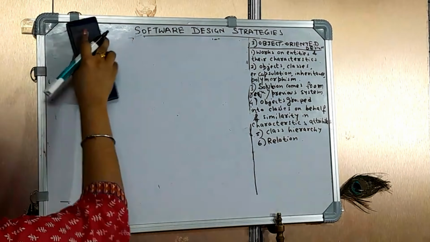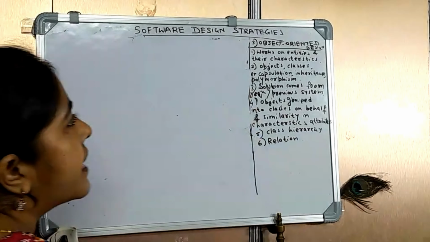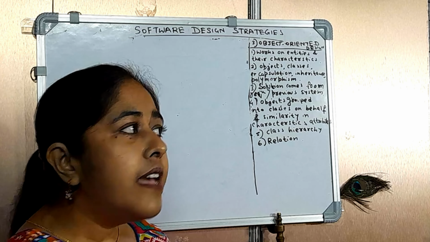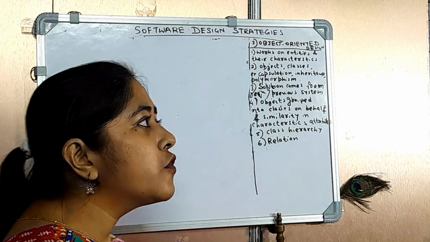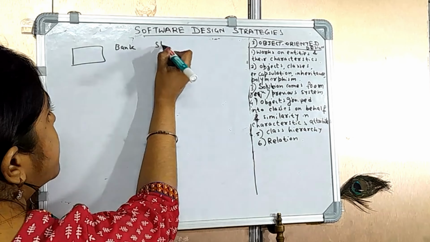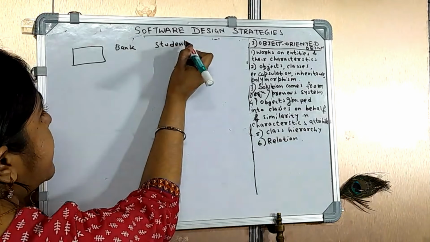Now mainly in object oriented design, we work on entities and their characteristics. Suppose we are talking about a bank, a particular entity, or we are talking about a student, a particular entity. That means a certain object.